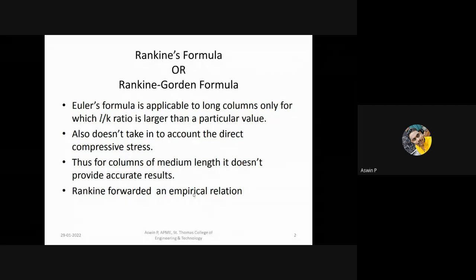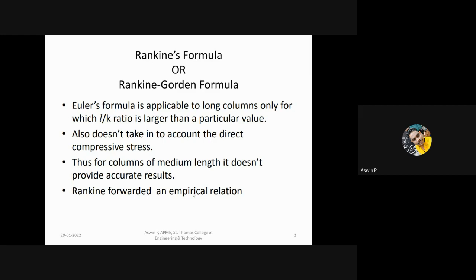That length will be short and that will affect our calculations of Euler's equation. That's why we are not taking it. I will show you the result. And this also does not take into account direct compressive stress.